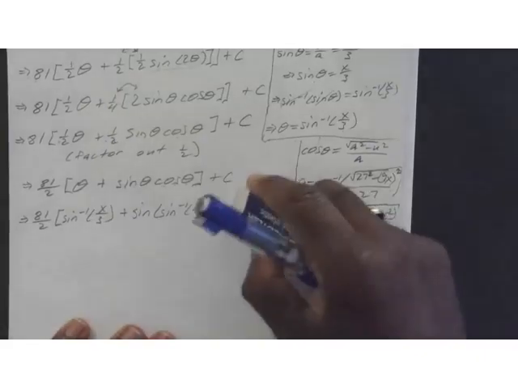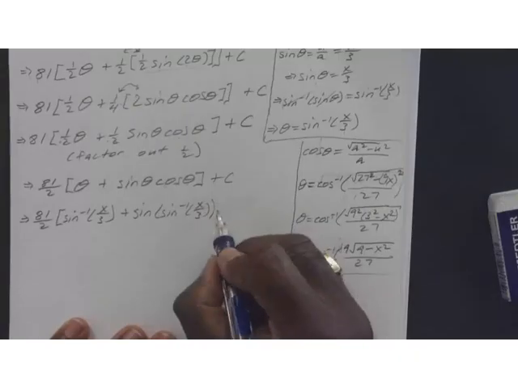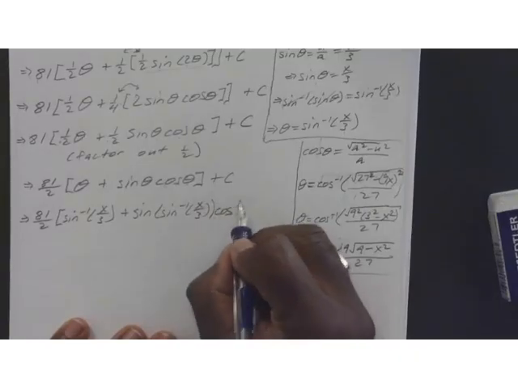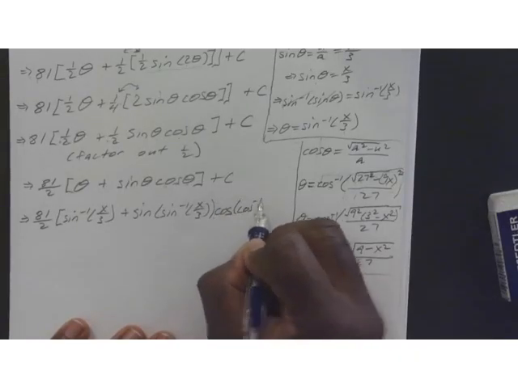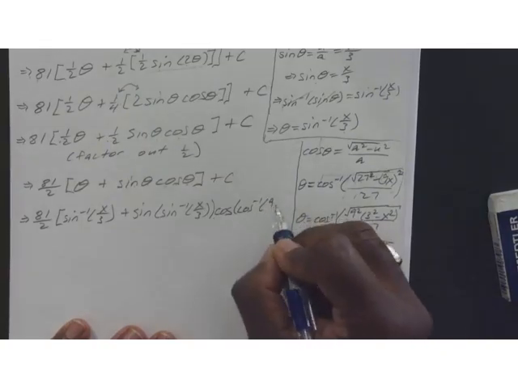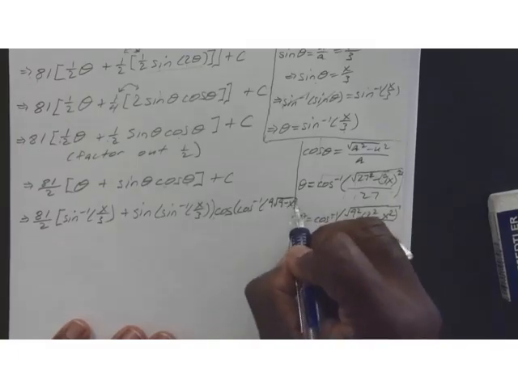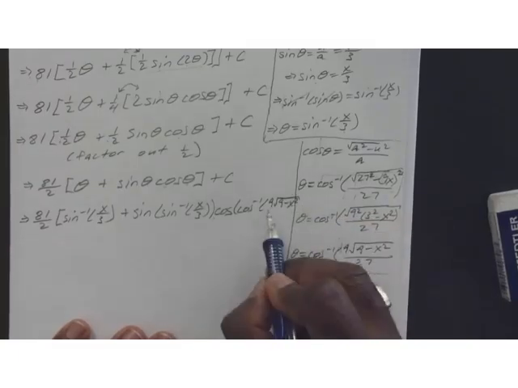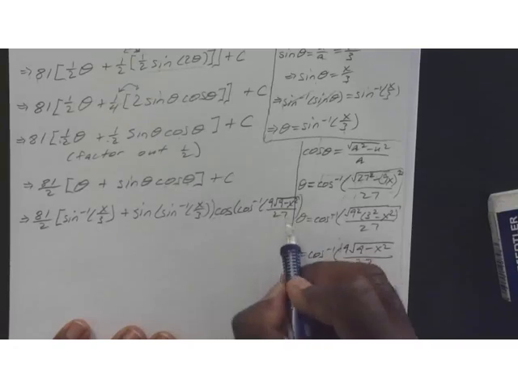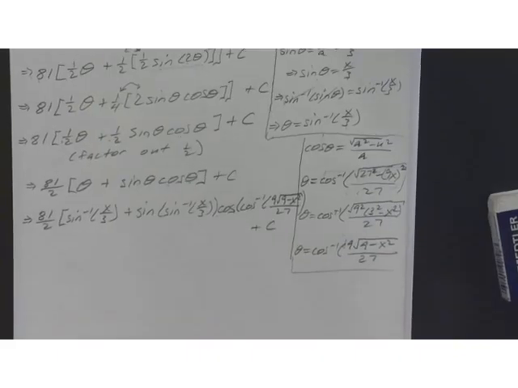Let me see if I can make that a little bit smaller to try and fit it all in there. Times cosine inverse of 9 times the square root of 9 minus x squared divided by 27. And I'll put a plus c there. After all of that, the last thing I was really worried about is room for the plus c, but I'll throw it in there.